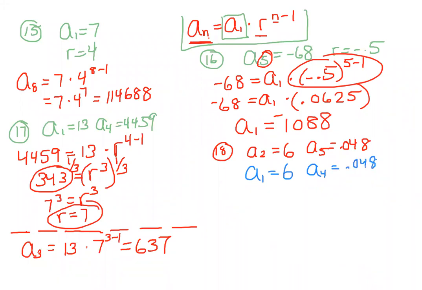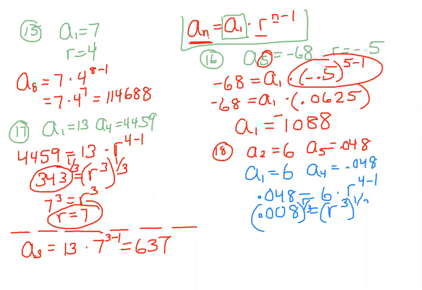And I'm going to do that just to find R. So I'm going to say A4 equals A1 times R to the 4 minus 1. And I'm going to divide by 6. So I get 0.008 equals R to the 3rd. Again, I'm going to take this to the 1/3 power because R cubed to the 1/3 power just equals R, and this equals 0.2. So that tells me what R is.